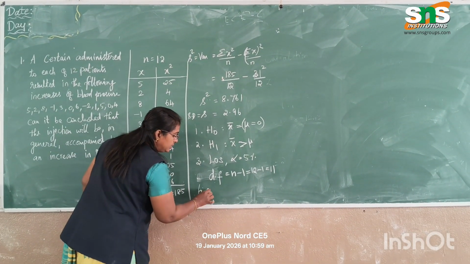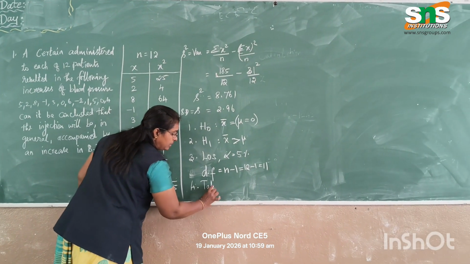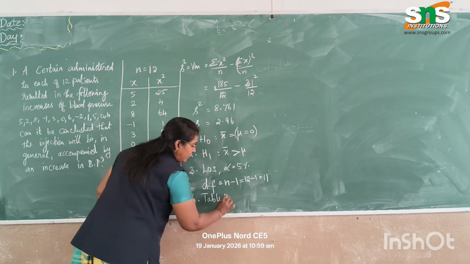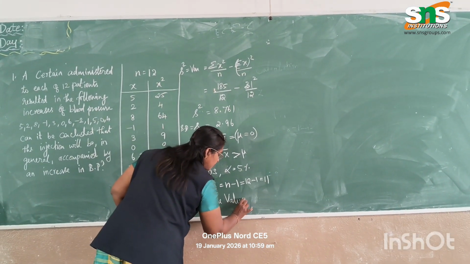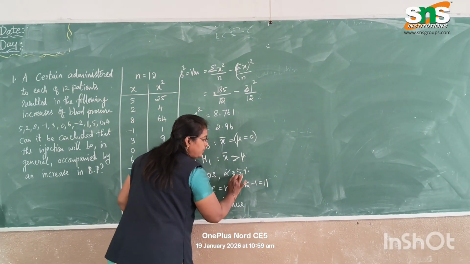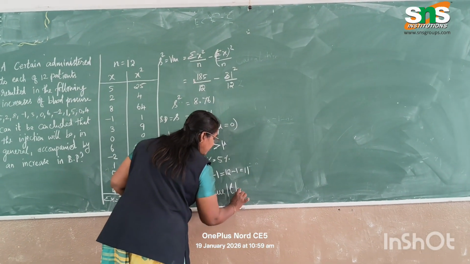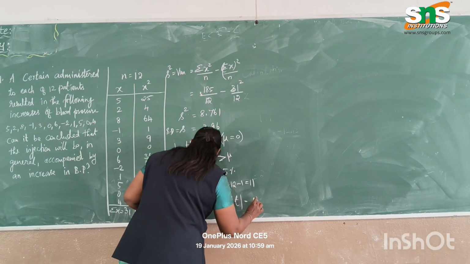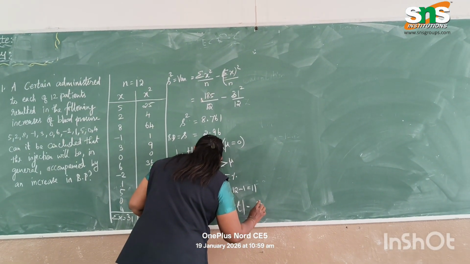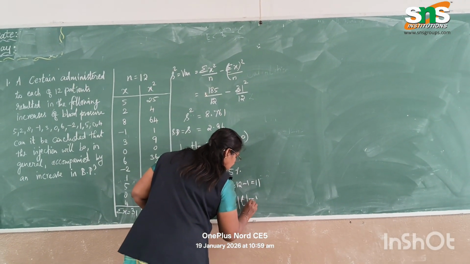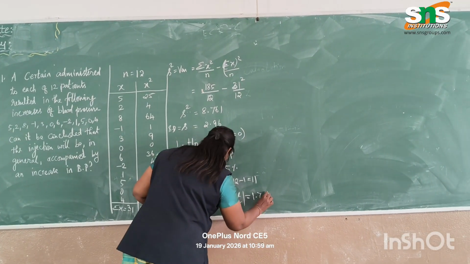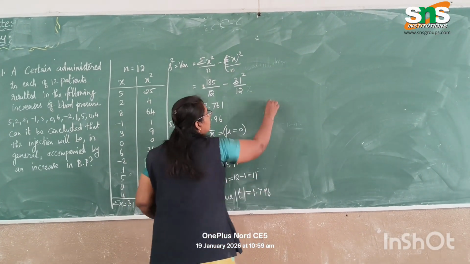Using the t-test table, we can get the table value. The table value at 0.05 and 11, modulus of t, we got as 1.796.